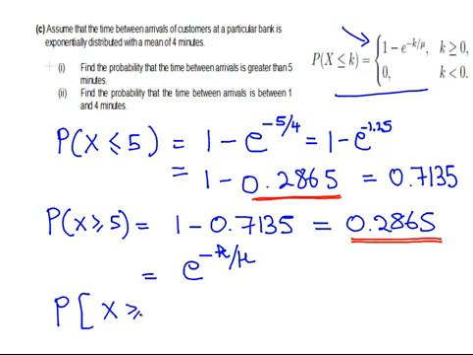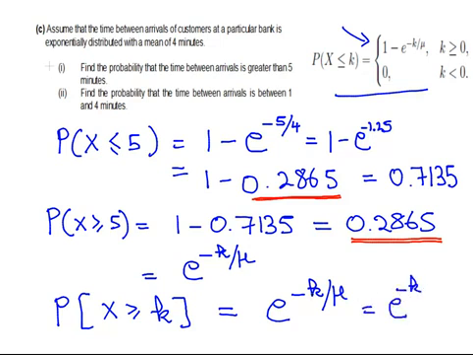If you're reasonably wise to it, you can say this directly, that the probability of x greater than or equal to k is e to the power of minus k over mu, or using the alternative notation, k times lambda. So the answer to the first one there is 0.2865.